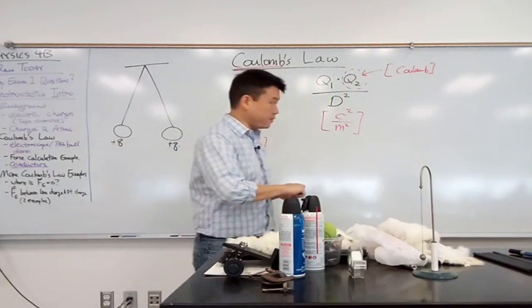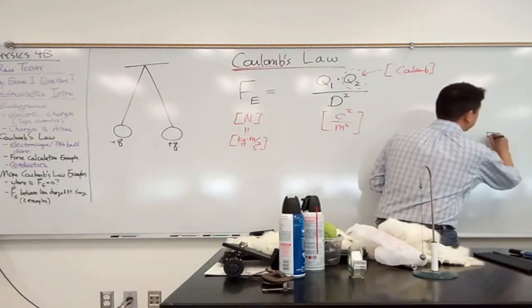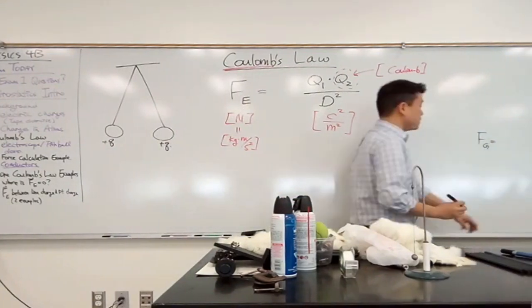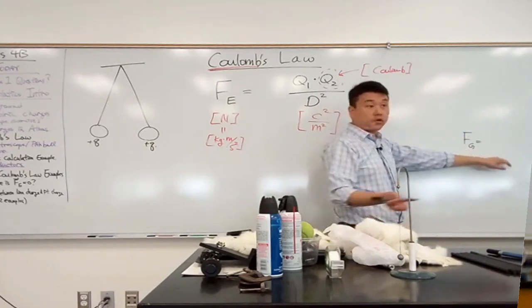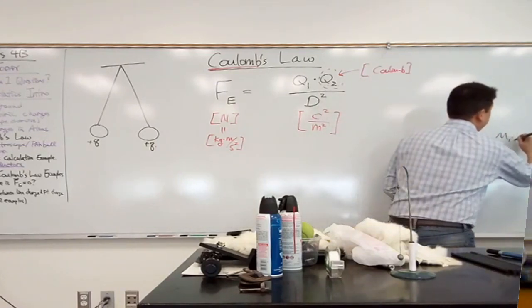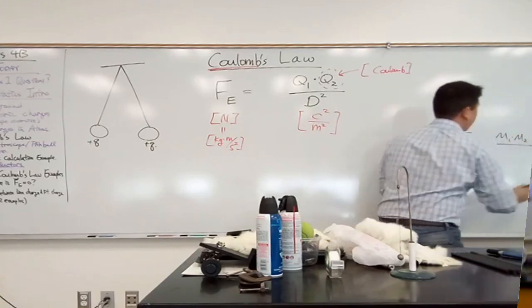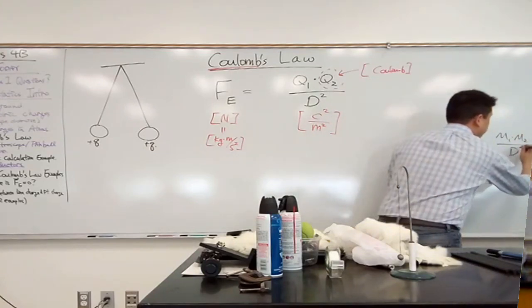As a reminder, this is what it looked like. Force on the left-hand side. On the right-hand side, it's proportional to the product of masses, mass 1 times mass 2 over distance squared.